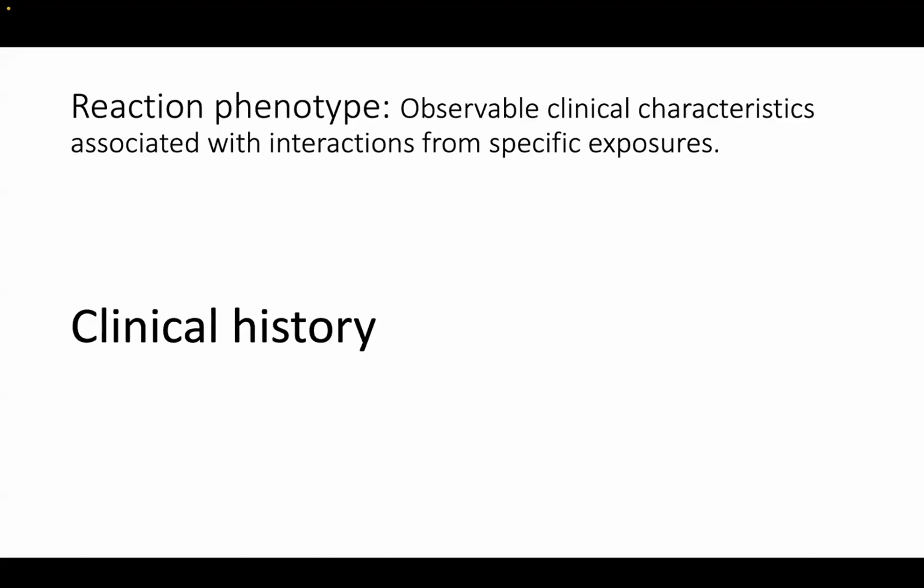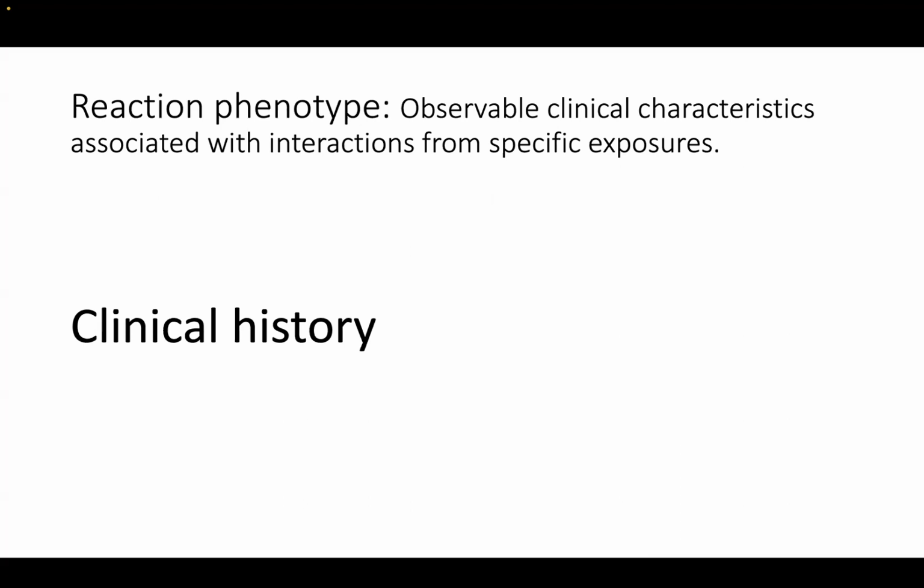So what do we mean by reaction phenotype? It means the observable clinical characteristics associated with reactions from specific exposures. So it means the clinical characteristics, or the symptoms and signs, the patient has. That's what we mean by the reaction phenotype.